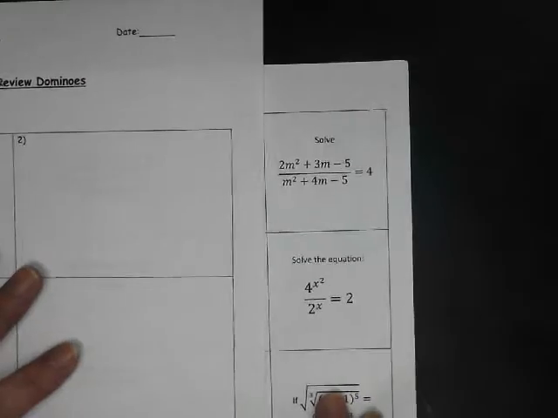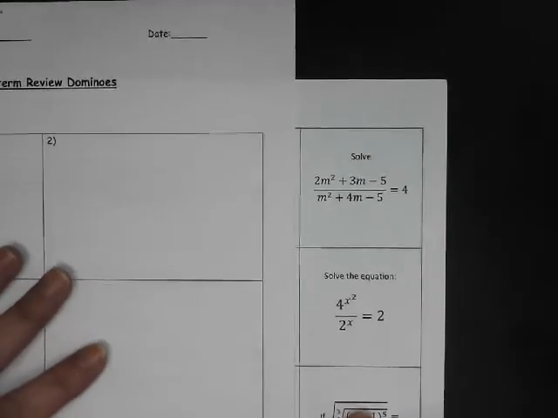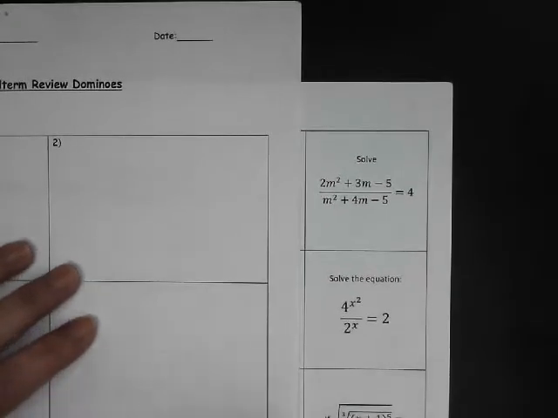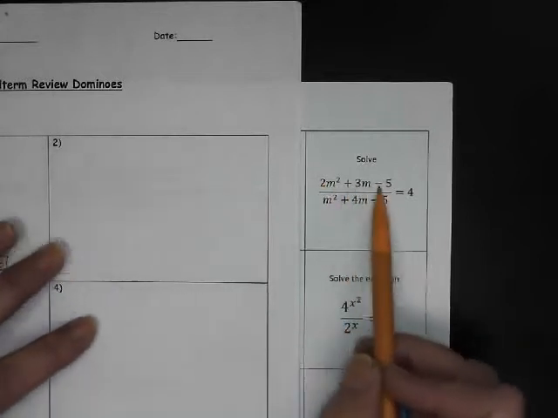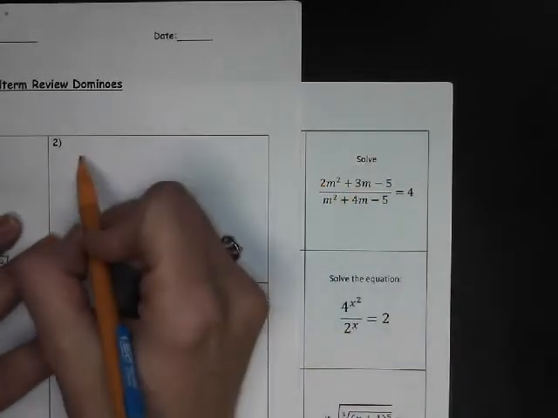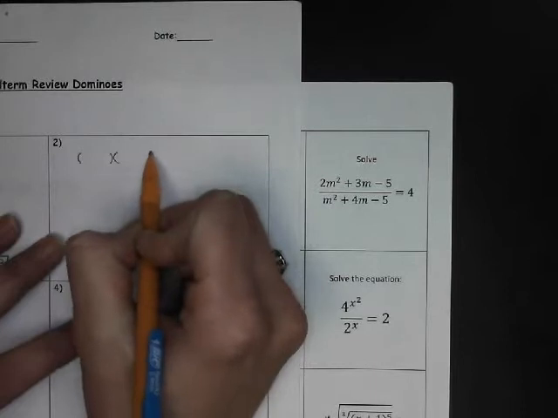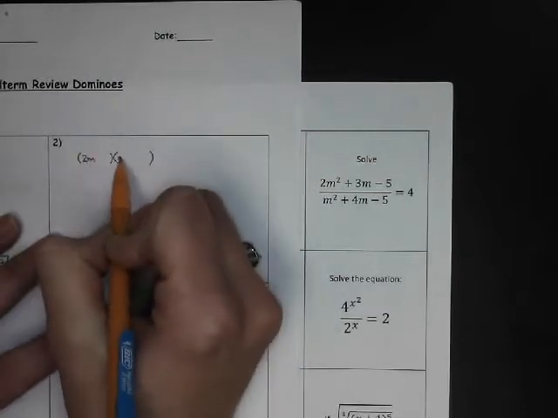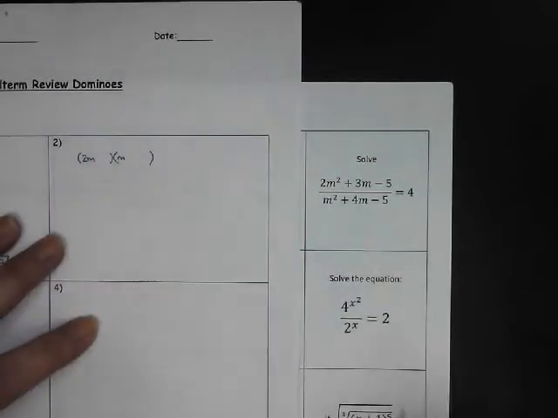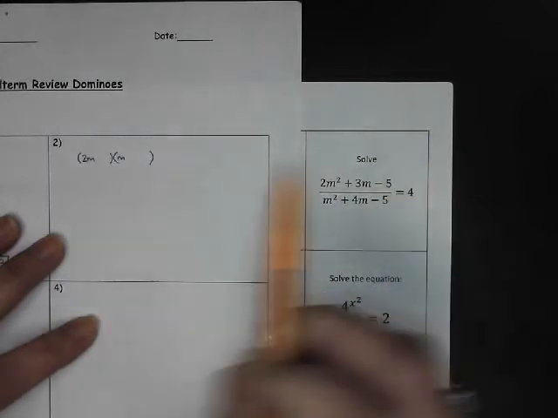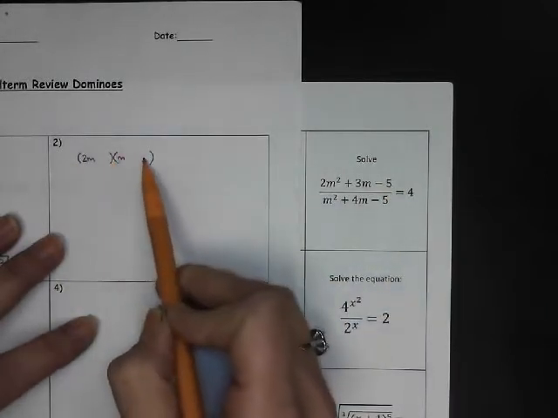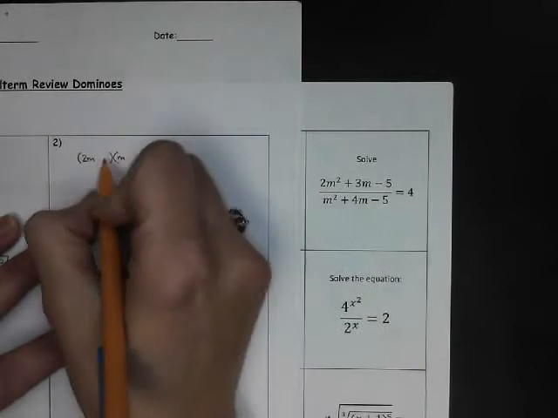Number 2 wants us to solve a rational equation. So we would first factor out if we can. So on the numerator, we'll see if that's factorable. 2m and m is the only option. 5 and 1 is the only option, but the question is, is it 5 and 1 or 1 and 5?